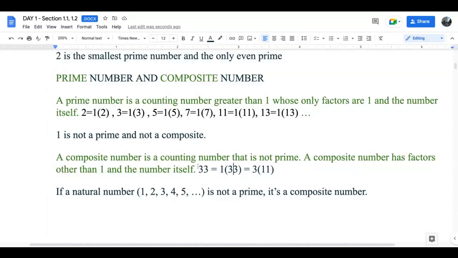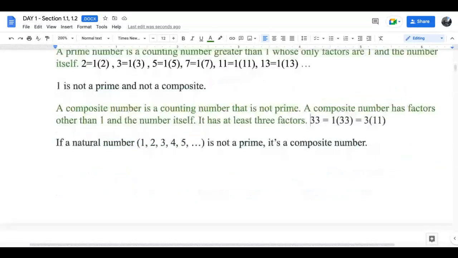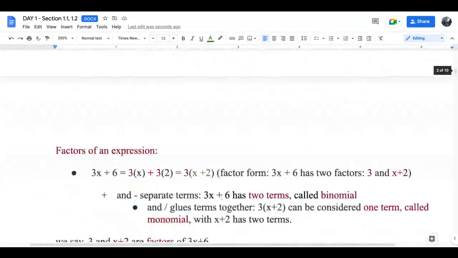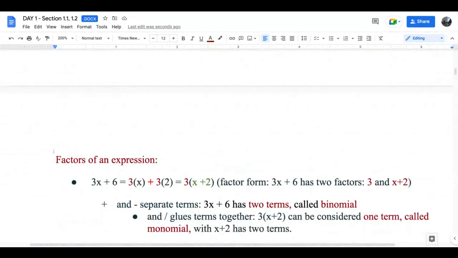Okay, so which means it has at least 3 factors. Example like 33, right? Factors 1, 3, 11, 33. So 4 factors. So if a number is not prime, it's a composite number, right? Composite number means it has more than 2 factors.